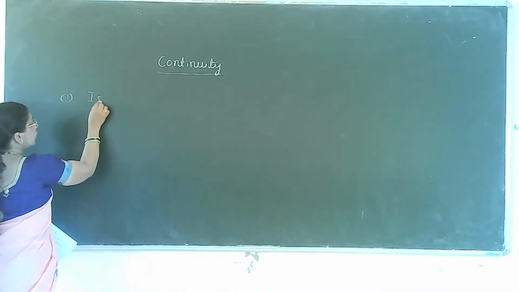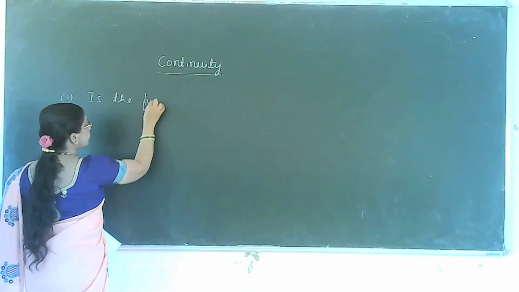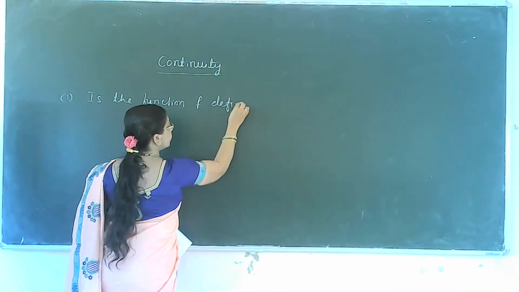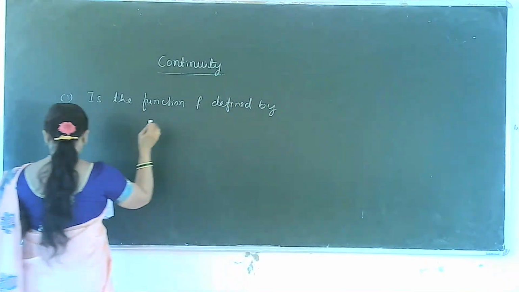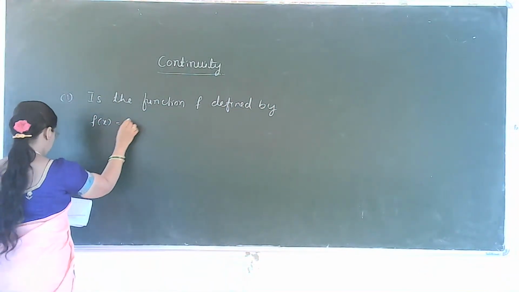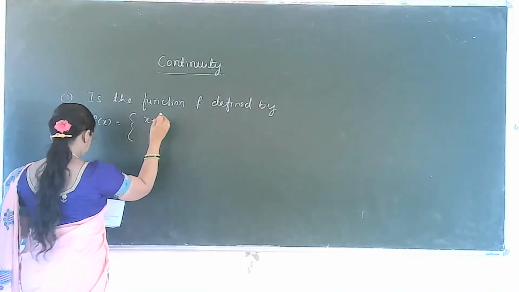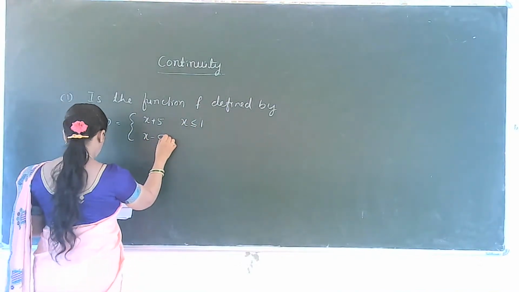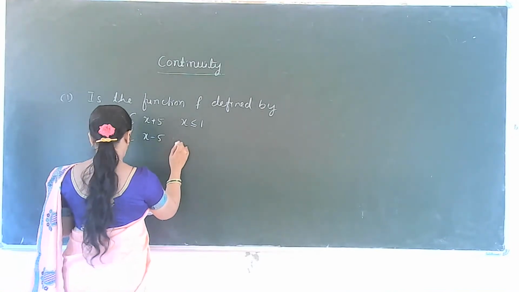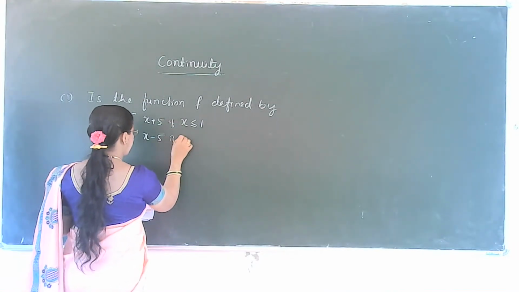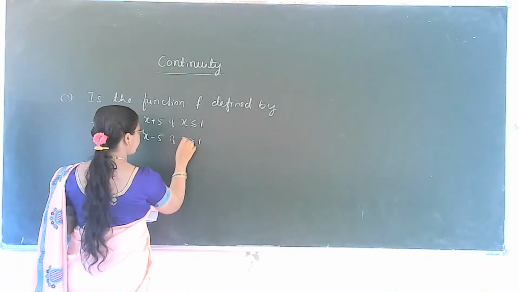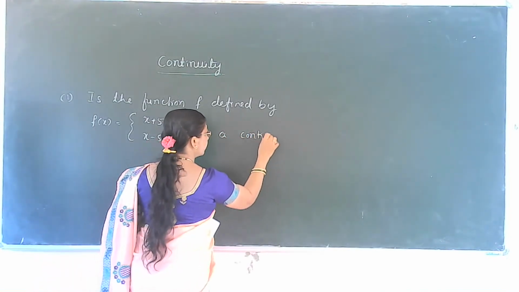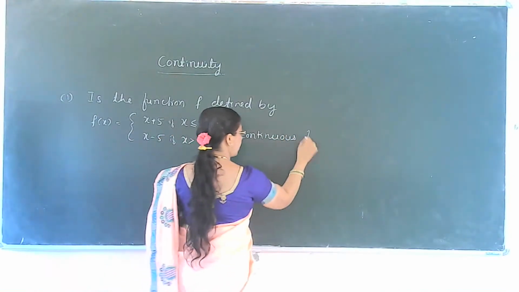Now, is the function defined by f of x is equal to x plus 5, x is less than or equal to 1, and x minus 5 if x is greater than 1, a continuous function?